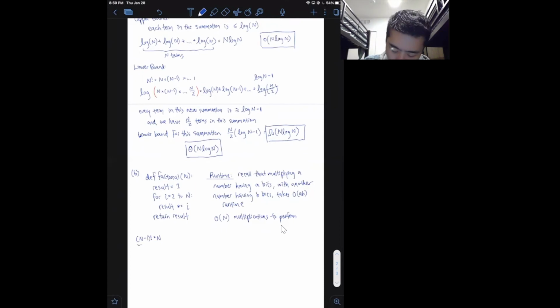And we know from part A that n minus 1 factorial has roughly O of n log n bits. That's just applying the results from part A. In part A, we saw that n factorial was n log n bits, so it's safe for us to say that n minus 1 factorial has O of n log n bits, okay? And how many bits does n have? n has O of log n bits, right?